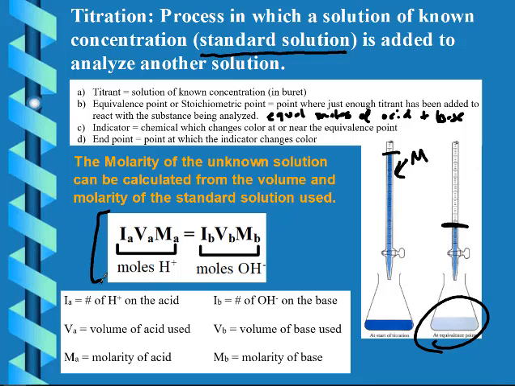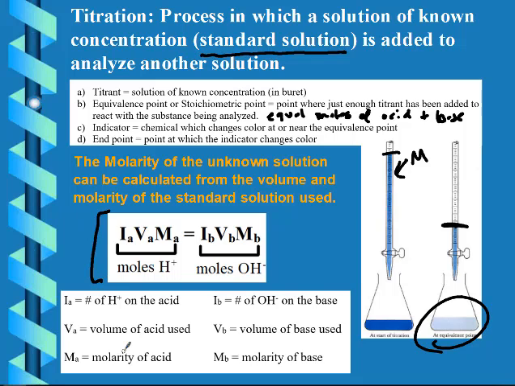So the IA and IB take into account what the coefficients would have been on each other if you had written the balanced equation. So IA is the number of hydrogen ions on the acid. IB is the number of hydroxide ions on the base. So basically that stands for ions of acid or hydrogen and then ions of my basic ion, which is hydroxide.